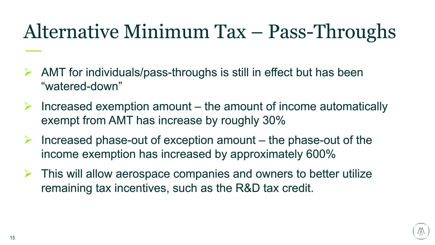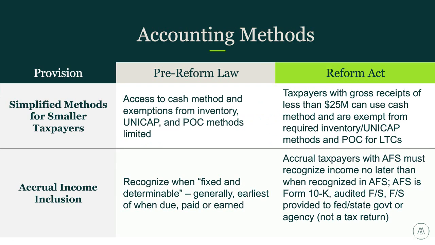So switching over to accounting methods. There were some changes related to accounting methods that we're going to talk about. One of the key changes here is that the threshold that exempts certain taxpayers from the requirement to use the accrual method of accounting has increased from $5 million to $25 million.